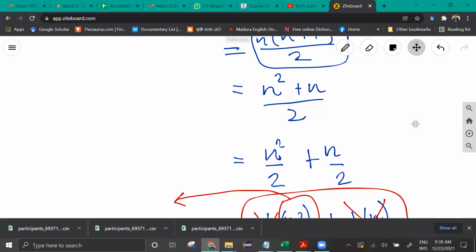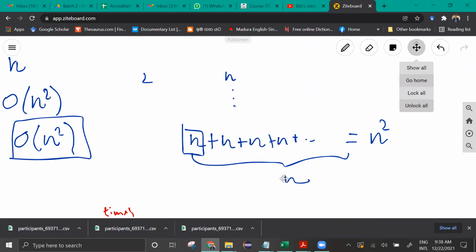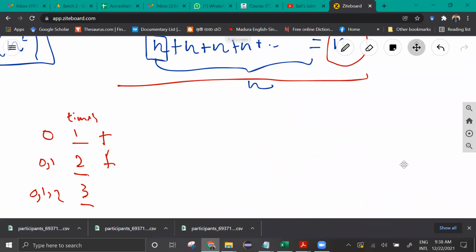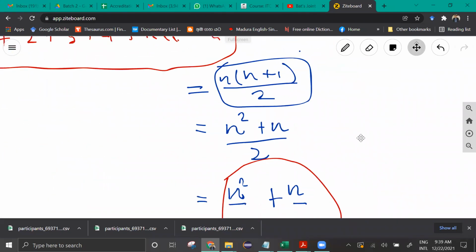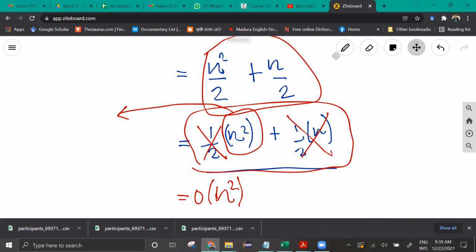The actual number of iterations is less than n squared, but still, to represent this, we choose n squared. Is it clear?